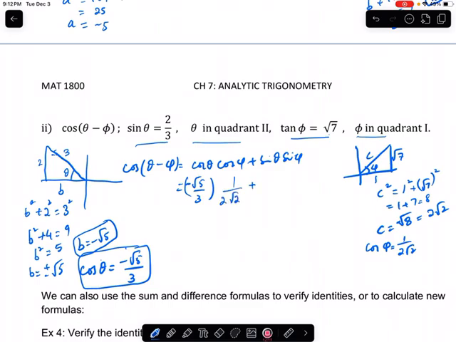Plus sine of theta. Sine of theta is given, it is 2 over 3, and sine of phi is square root of 7 over 2 times square root of 2.